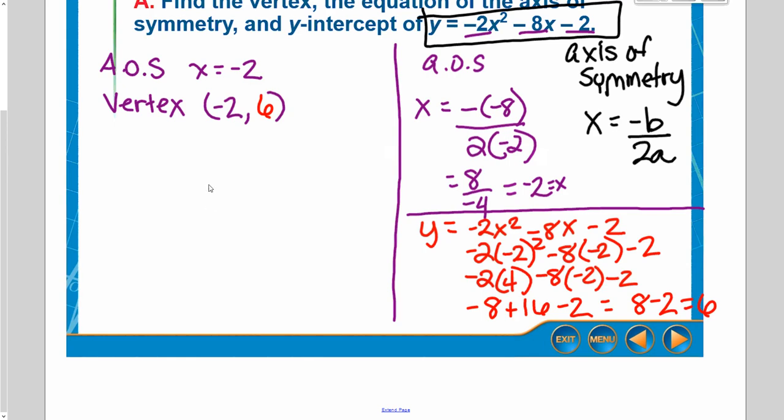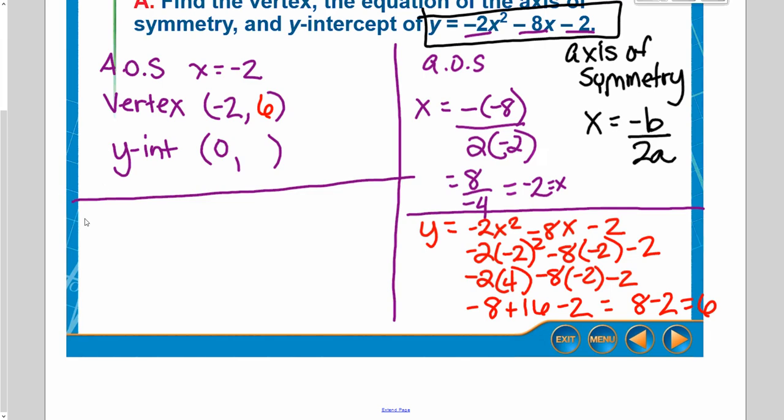Okay. Now, the next thing that we need to identify is the y-intercept. No problem. What is always equal to 0 at the y-intercept? X. So all I'm going to do is the same thing again. I'm making a little section right here, and I'm going to plug in x being equal to 0.